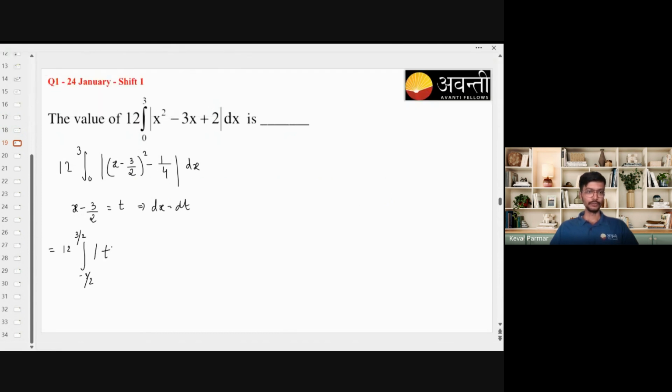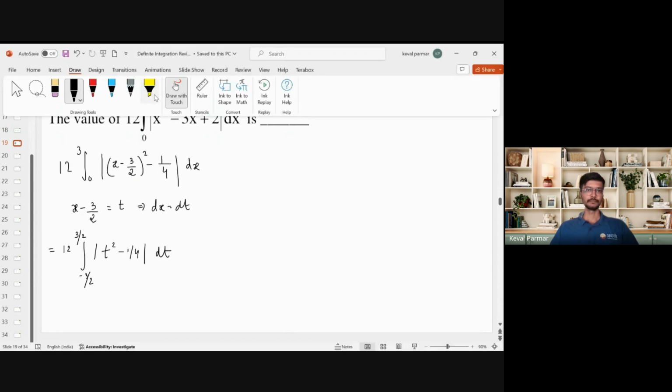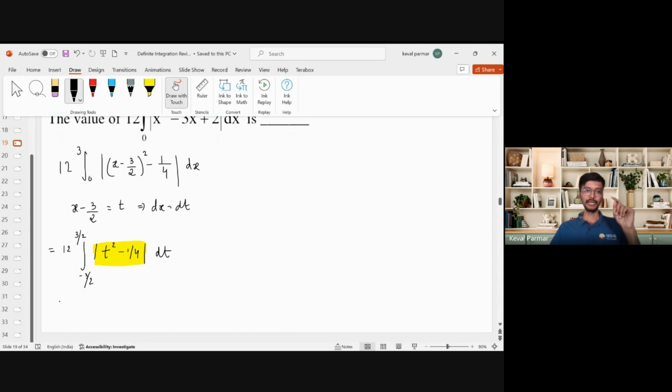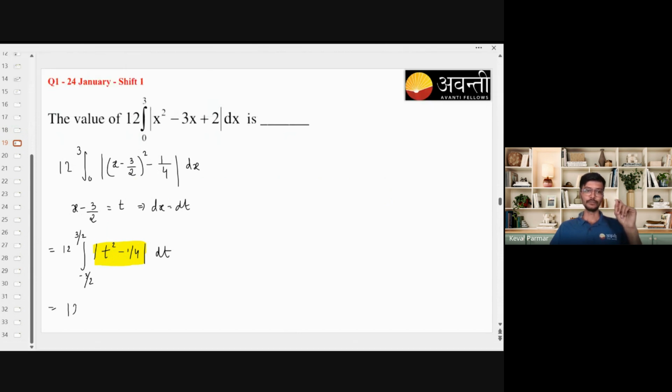So we get the integral of mod of t square minus 1 by 4 dt. Now, as you can see, this is a modulus function, and modulus functions are even functions. So we can use the odd-even property, and we can write it as 12 into 2 times the integration from 0 to 3 by 2 of mod of t square minus 1 by 4 dt. I hope it is clear.